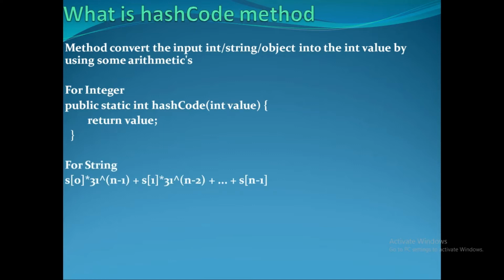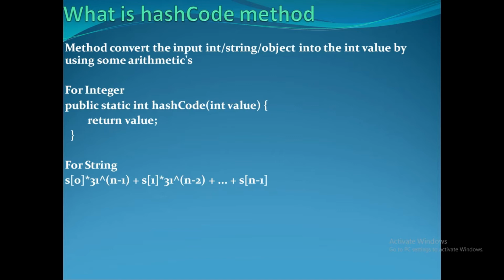Then for String, it uses one formula: it takes the prime number 31 and uses the number of characters in that particular string to calculate one integer number. Here you can find s[0], the character at the 0th index, multiplied by 31 to the power n minus 1.